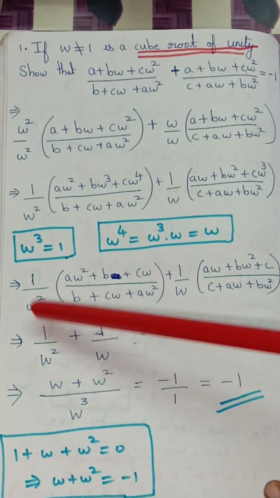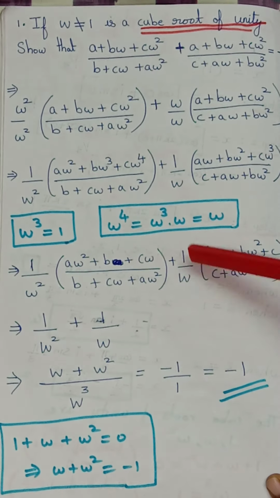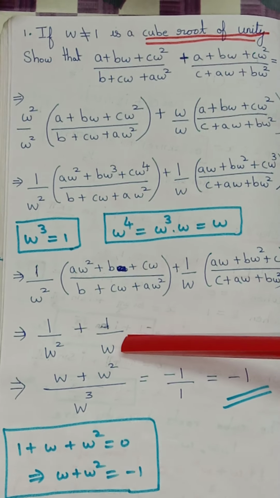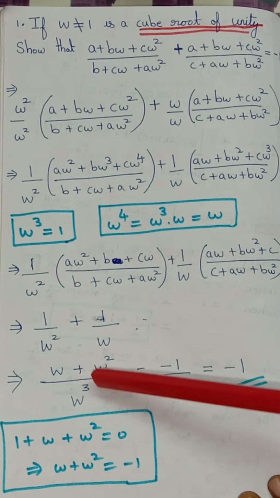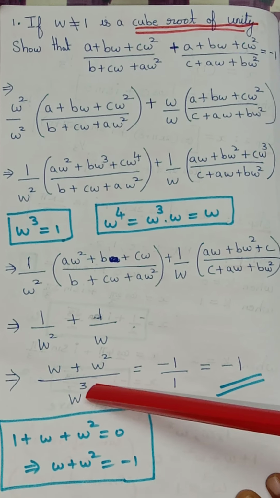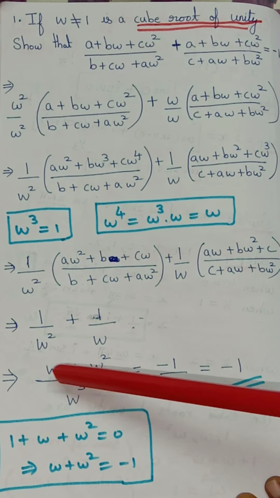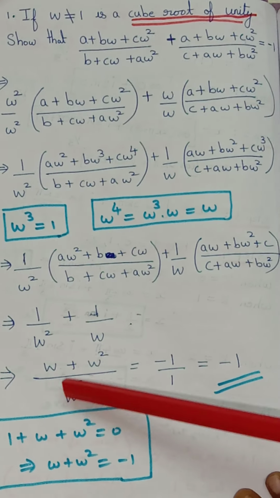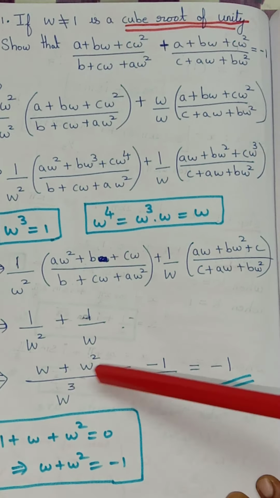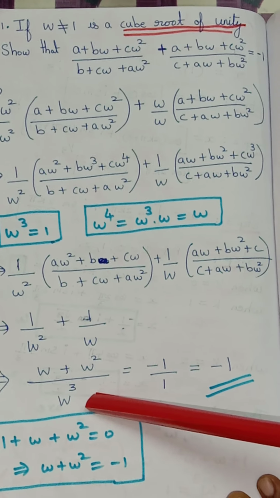Now the only thing remaining is 1 by omega square plus 1 by omega. Let me take the LCM for this as omega cube, omega square into omega. So this one I am going to multiply with omega and this one with omega square. Now what I will have in the numerator is omega plus omega square by omega cube.